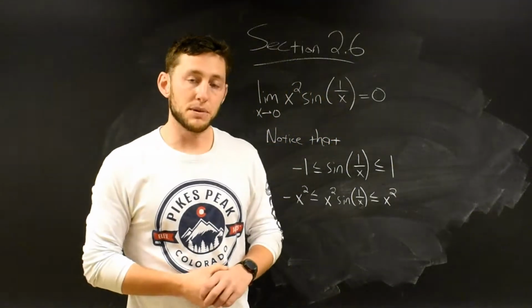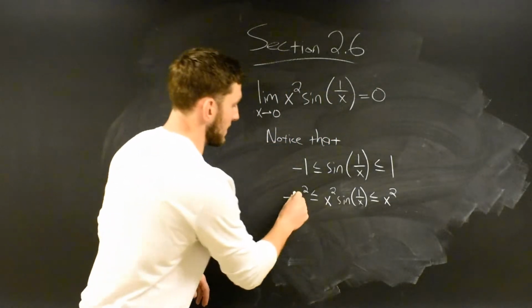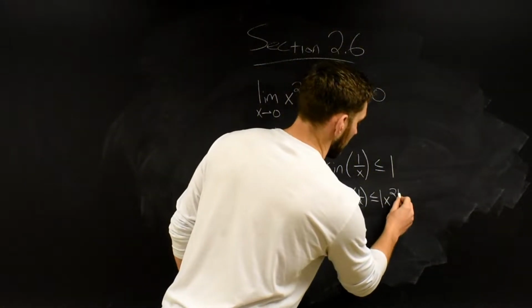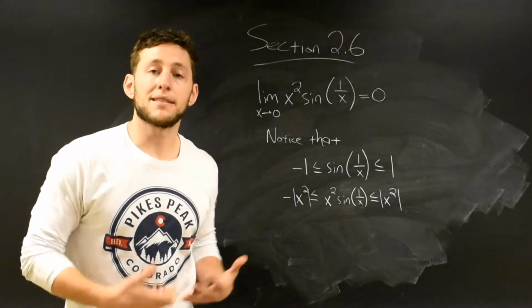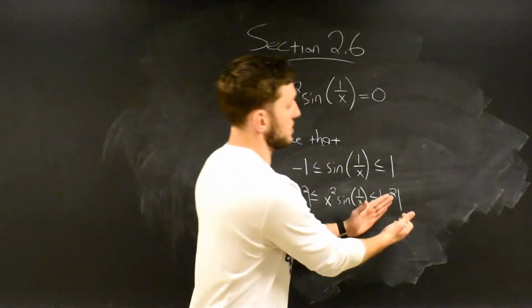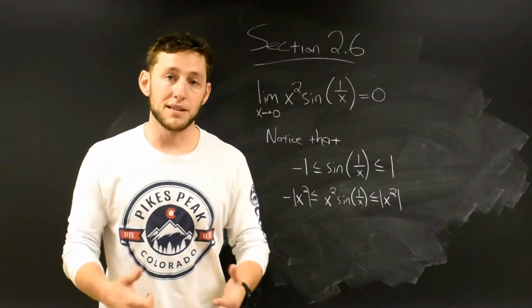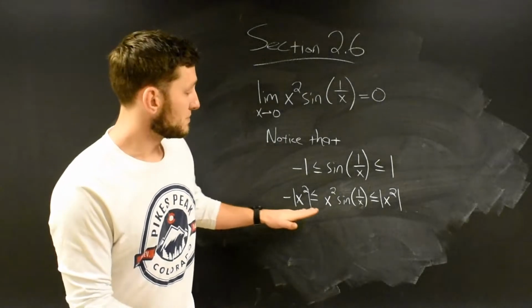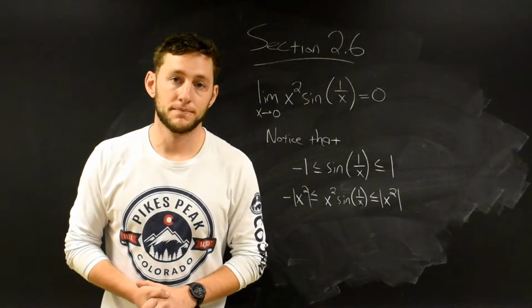Now normally I'd have to be a little bit careful in doing this. I'd want to say something like the absolute value of x squared on these far sides to make sure that this is the most negative you can be and this is the most positive you can be. But since x squared is a non-negative function, we really don't have to be this overly careful.